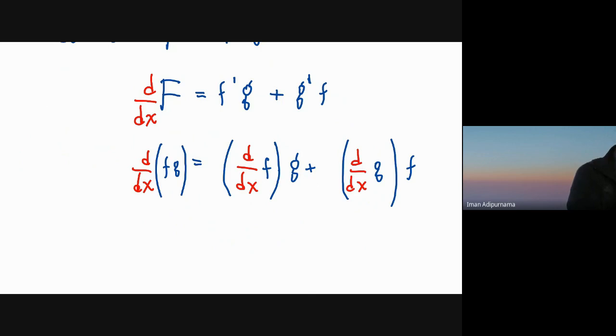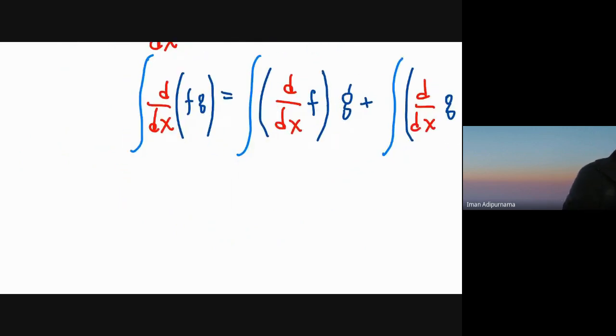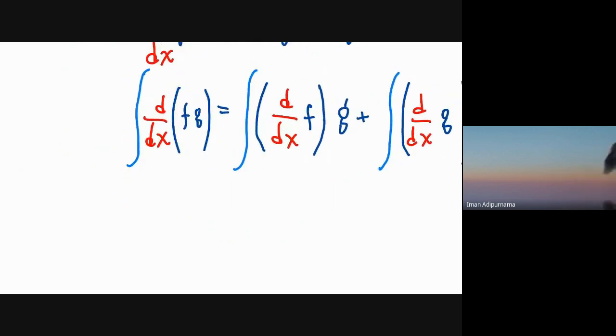Now take the integral, take the integral. The left side, by the fundamental theorem of calculus, this integral and d/dx will cancel, right? We can remove this.